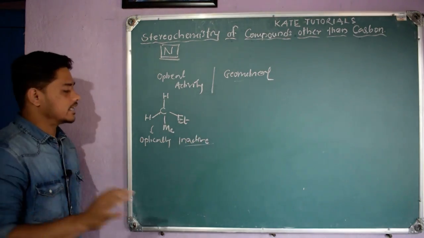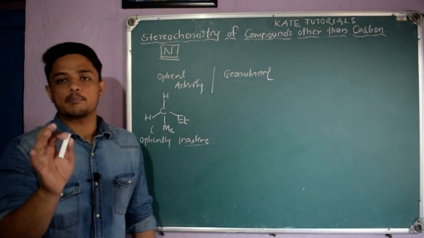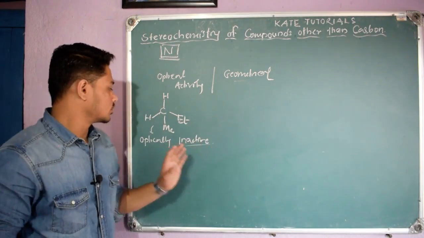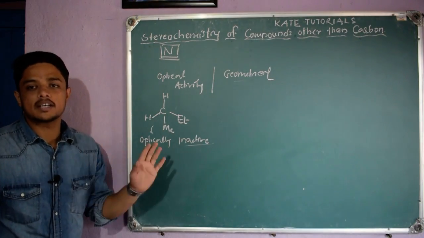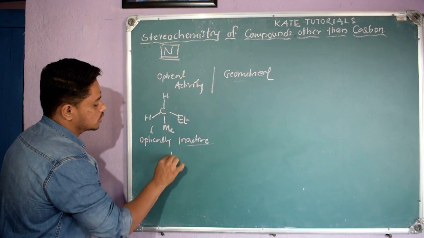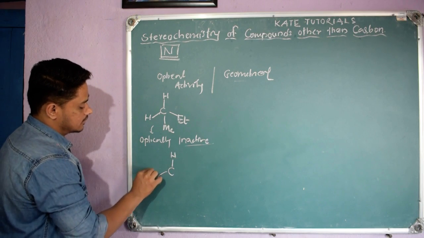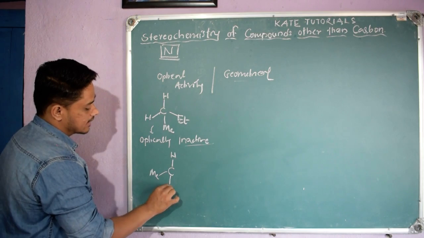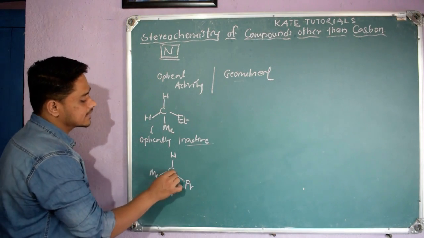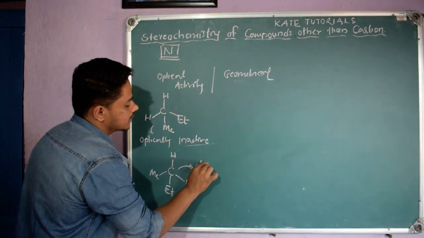Inactive means it is not going to rotate the plane polarized light either towards right or left. If a carbon is attached to all different atoms, like methyl here, ethyl here, propyl here, then this carbon is called chiral carbon.